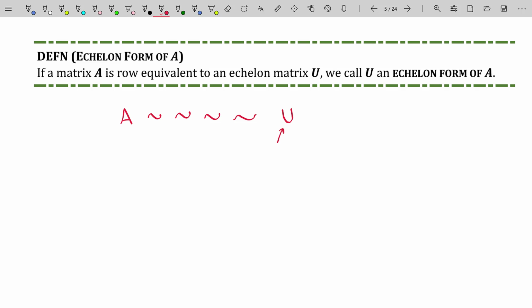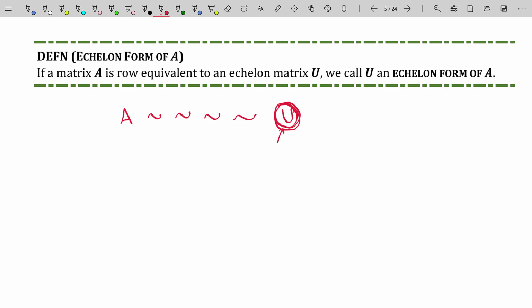So if a matrix is row reduced down to an echelon matrix, we call that new matrix, the echelon matrix you arrived at, an echelon form of the original matrix.